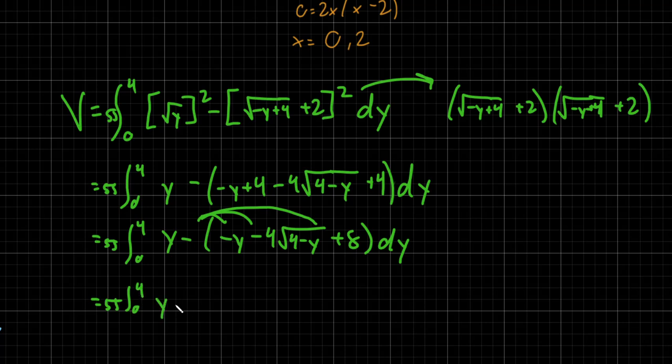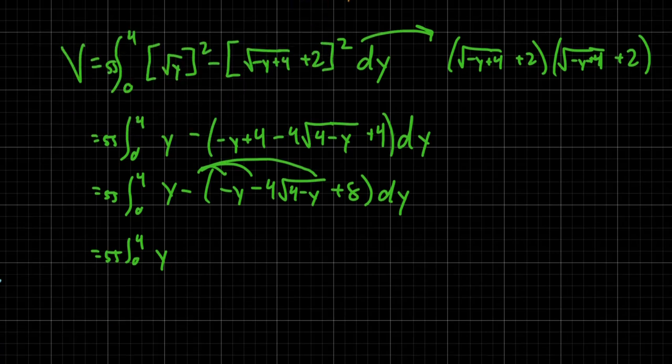Let's just distribute the negative. Let's go step by step. Yep, and what are some like terms we can combine? Yep. So let's just combine those two. Somebody erase it and just combine it. So y squared. Now we can do the derivative. That's very true.